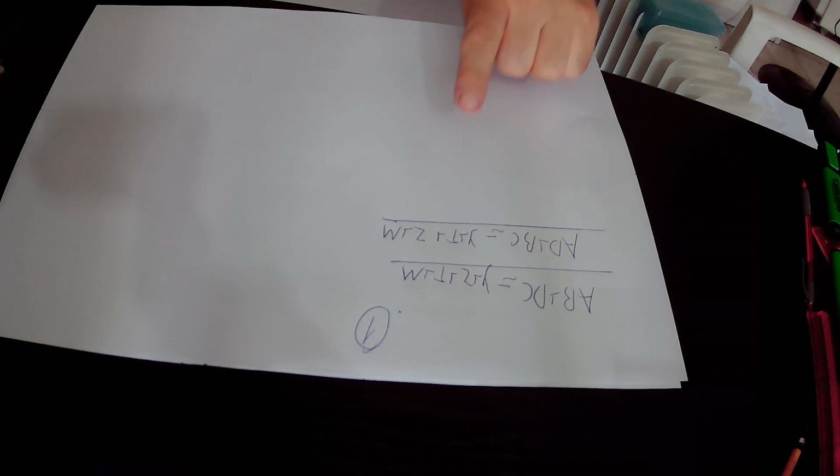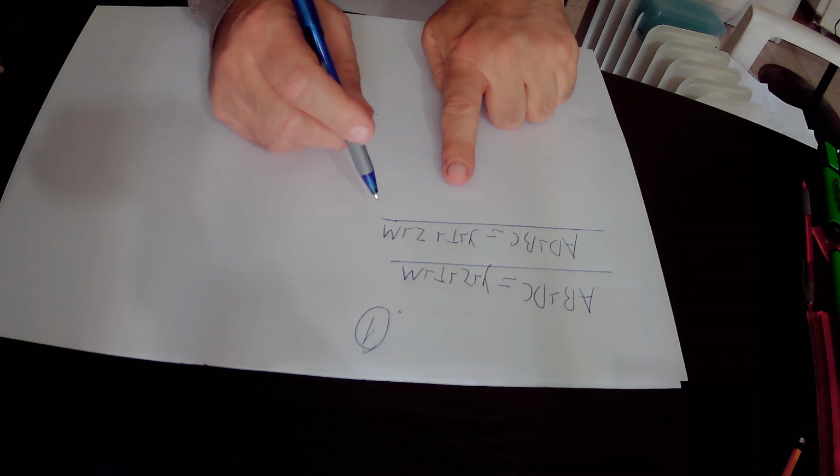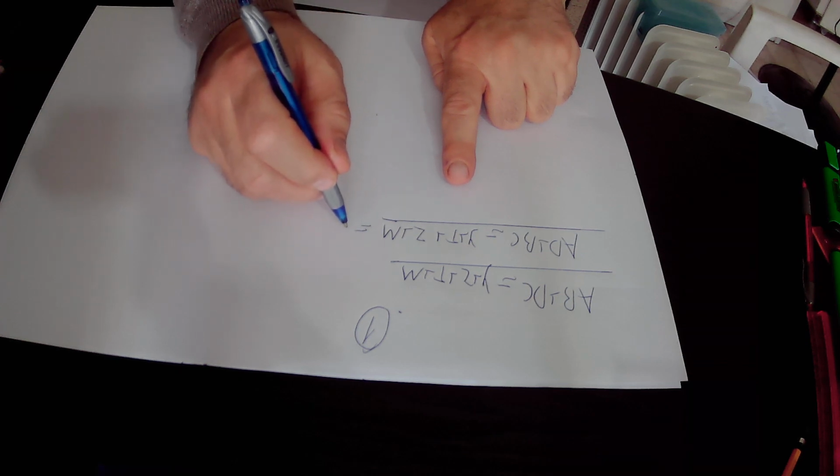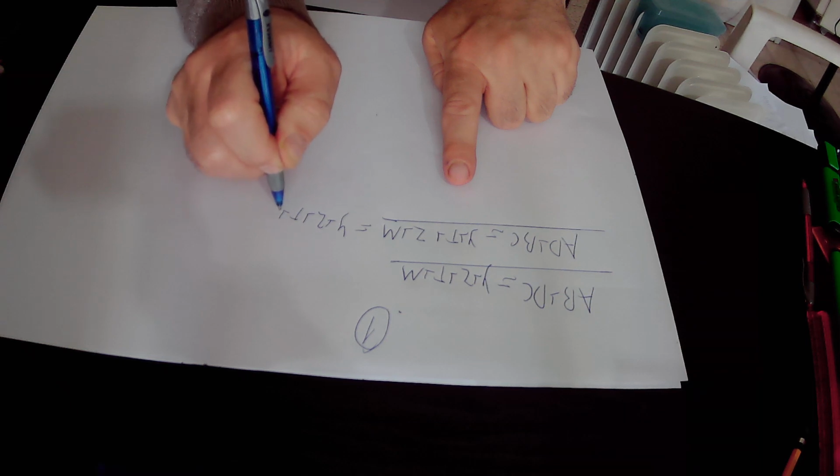Here we can change the order of the letters because we have the algebraic identity that a plus b equals b plus a. Therefore, instead of y plus t plus z plus m, we can write y plus z plus t plus m.